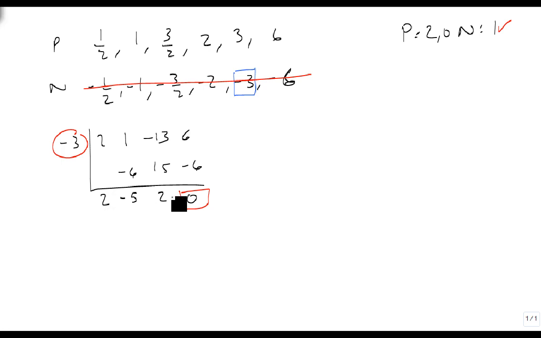And keep in mind that what we have left now is 2x squared minus 5x plus 2. And notice that for our sign changes, we still have 2, so there's 2 or 0 left. And just as importantly, notice that now that I pulled this 3 out, I also know it can't be 6. Because all I have left is the 2, and it can't be a 3, and it can't be a 3/2.